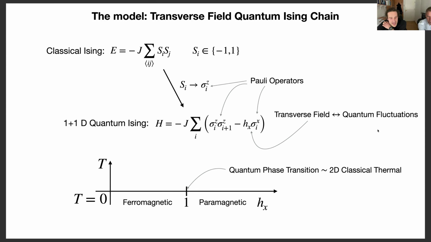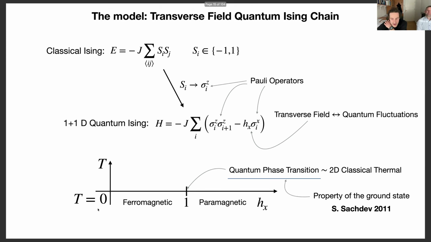At zero temperature, this is well explained in the book by Sachdev, the transverse field drives the quantum fluctuations, and it plays the role of the temperature in the classical Ising.